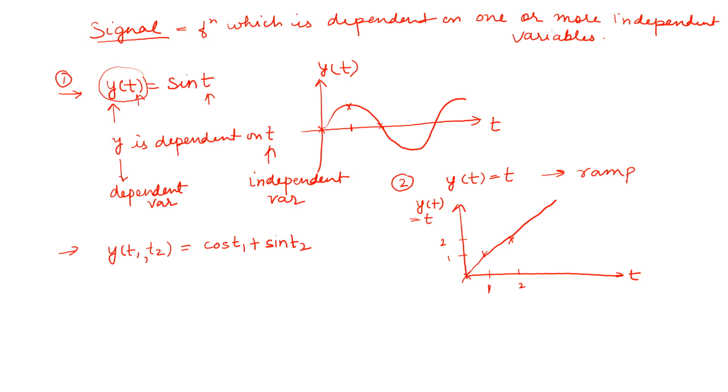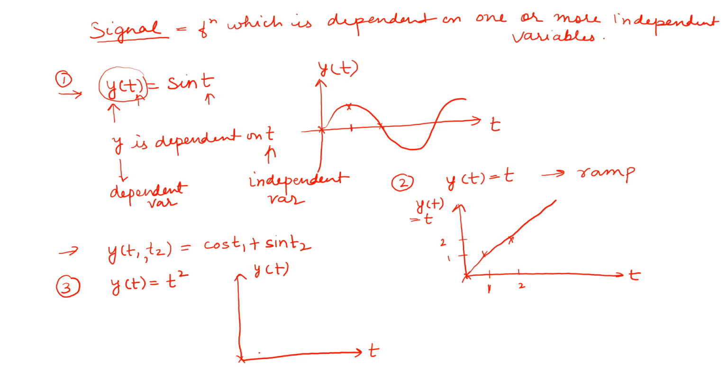Similarly, there are other signals. For example, if I want to plot y(t) is equal to t square, again, for different values of t, I can plot y(t). You should be very clear that t is the independent variable, because on the basis of values of t, we are getting the values of y(t). If t equal to 0, I'll get t square equal to 0.